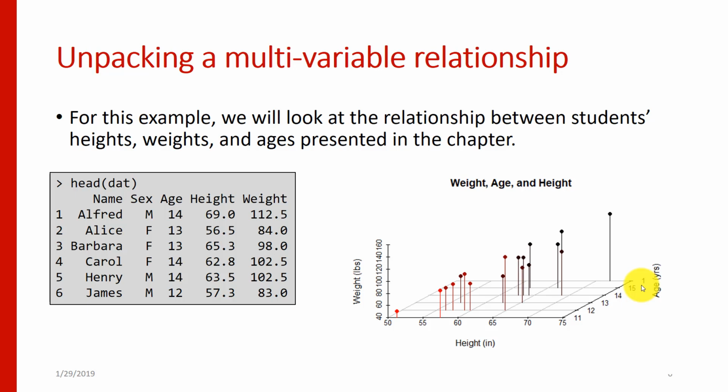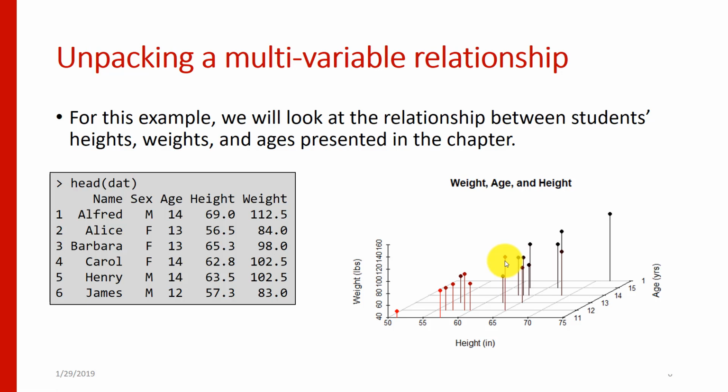So how can we account for the fact that age and height are related to each other to identify their unique contributions to weight? That is, we want to say, all right, if two students were the same age but different heights, would the taller student still be heavier? Or if two students were the same height but different ages, would the older student still be heavier?